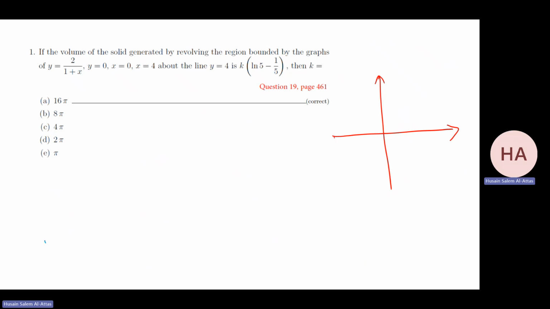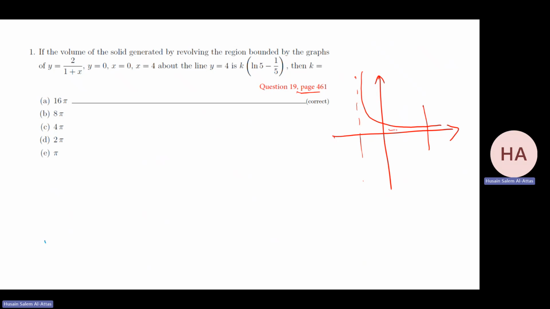2 over 1 plus x is from our book, okay? 2 over 1 plus x, it will be, yeah, I have it minus 1. I have the asymptotes. Do something like this. Okay, y equals 0 is the x-axis, x equals 0 is the y-axis, and x equals 4.